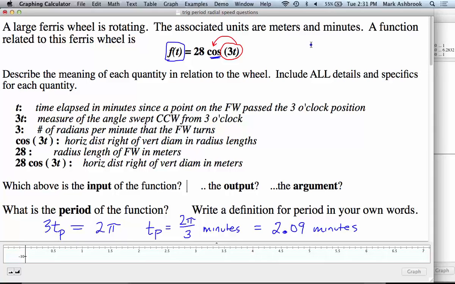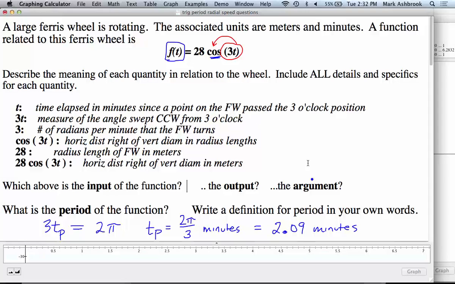So 2.09 is the interval of input that achieves what? Achieves 2 pi. It gives 2 pi for the argument. So this 2.09 minutes would make the argument 2 pi.